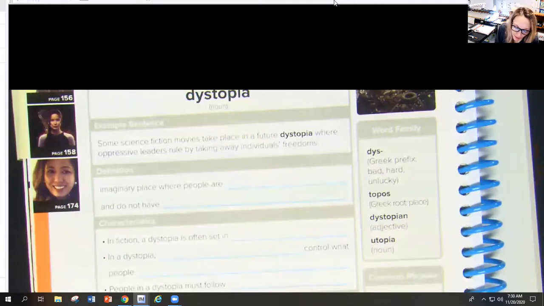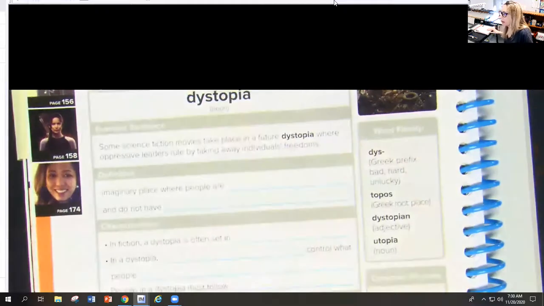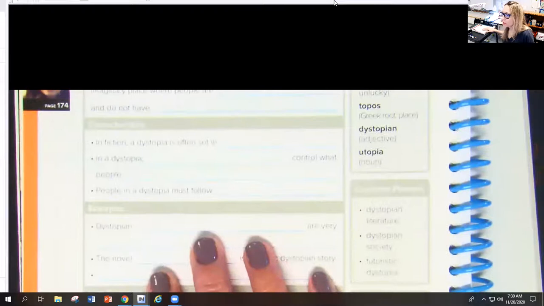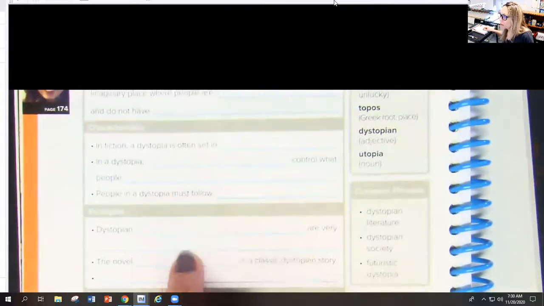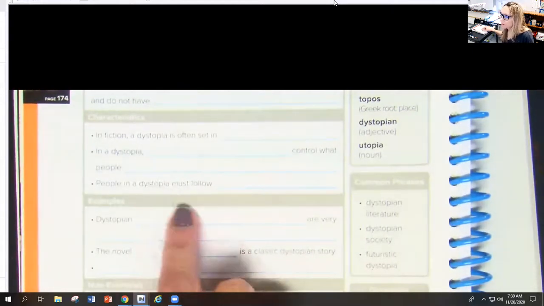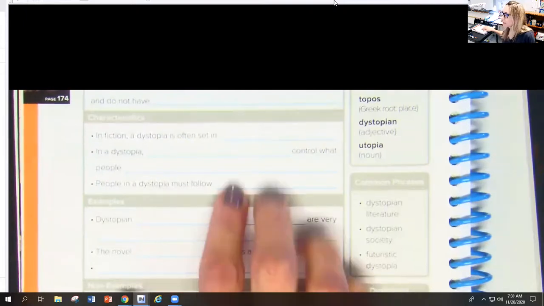Okay, the characteristics. There is some stuff within this page that I did help you with on the slides, so make sure you look at that. One of them was the novel. Sometimes I gave you the first sentence, and that helps you with the other sentences. We'll go back to the slides in a second. Then they do have non-examples. This is where your thesaurus will come in.